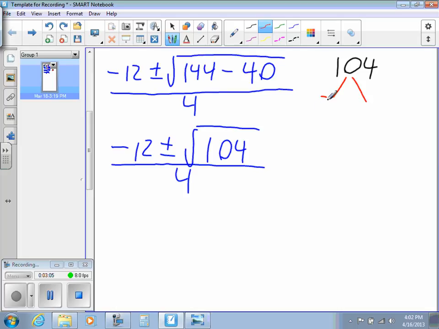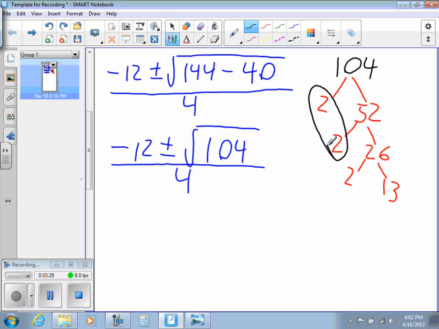It's definitely divisible by 2. So let's see. I get half of 100 is 50, and half of 4 is 2, so 52. That's divisible by 2, giving me 26, also divisible by 2, giving me 13. So let's see, what do I have now? I have a perfect square right here, and its square root is 2.